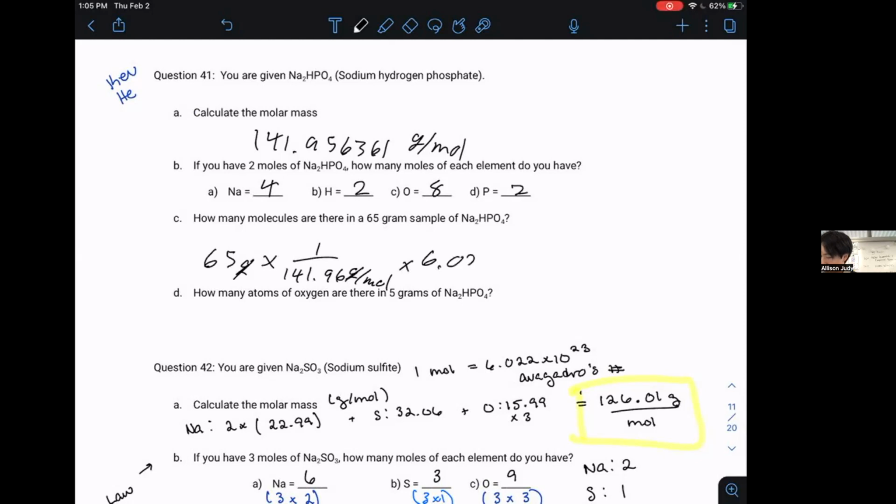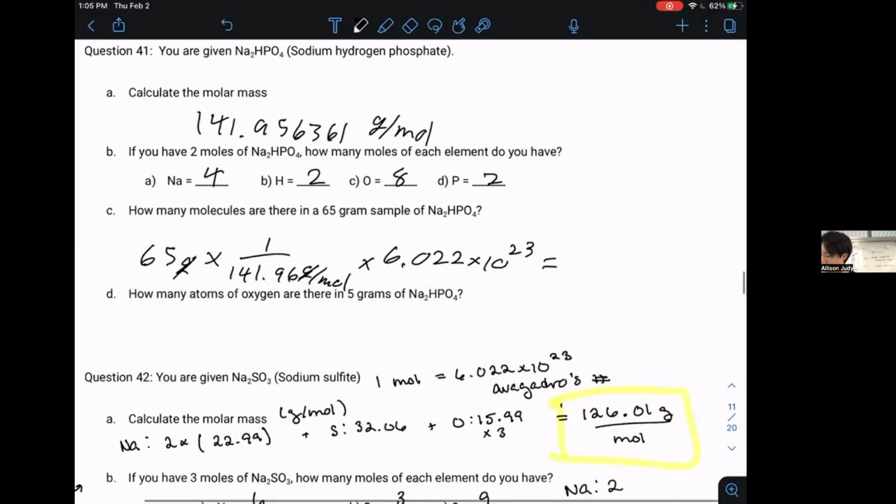You get 2.76. Good point. It should be 2.8 because there are 2 sig figs.